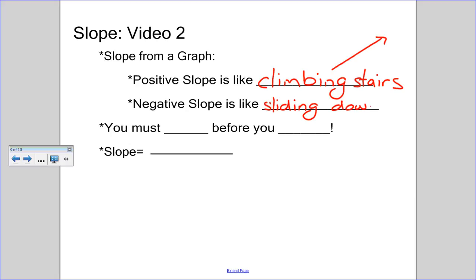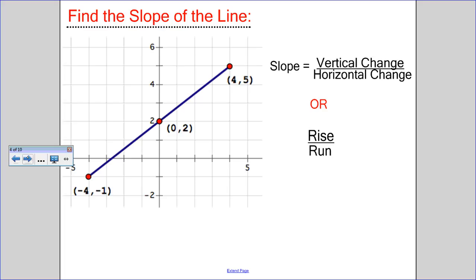This means when you're going left to right, your graph will be going down like a slide. So we've also said with slope, you must rise before you can run. When we look at slope, this means we are looking at the rise over the run. Let's take a look at our first graph to help understand this concept a little more.